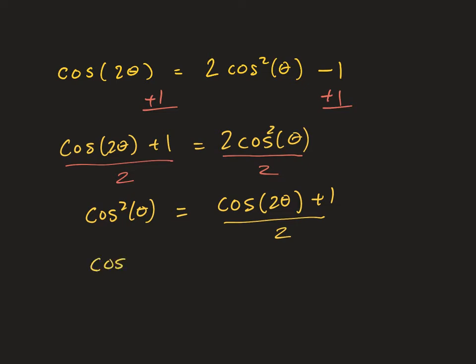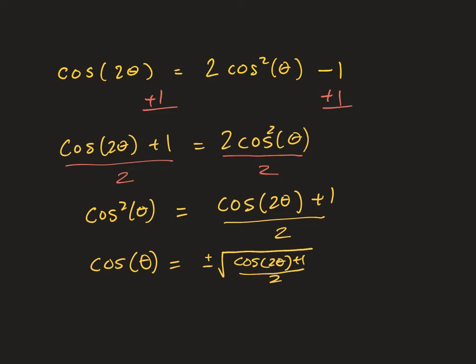And I'll end up with the cosine of theta. And remember, there are two square roots. There's the principal square root and the negative square root. So I'm going to indicate that with a plus minus sign. And then I'll have the square root of this whole thing on the other side there. And this is what we call our half angle formula.